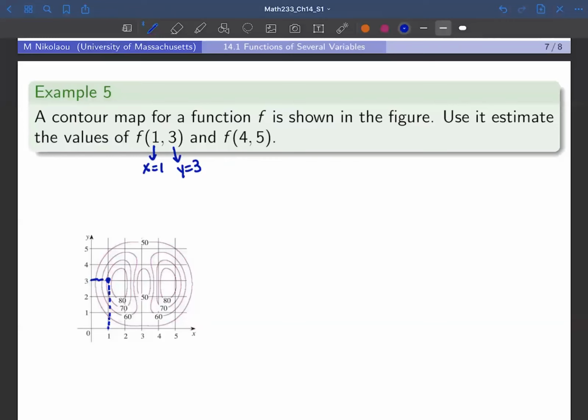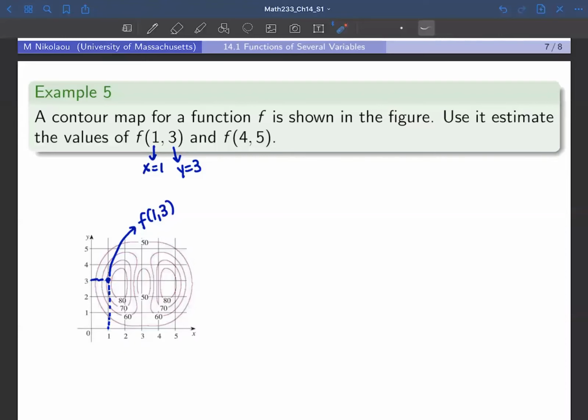So this is the point with x equals 1 and y equals 3. And this will be the value of the function at 1, 3. And since in this level curve we have that f of x comma y will be equal to 70, and in this level curve we have that f of x comma y is equal to 80, then this point over here is a little bit off the 70 level curve.